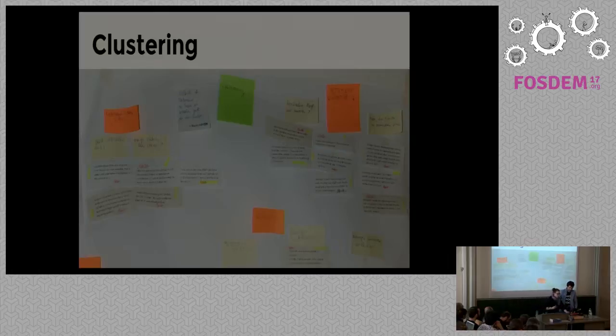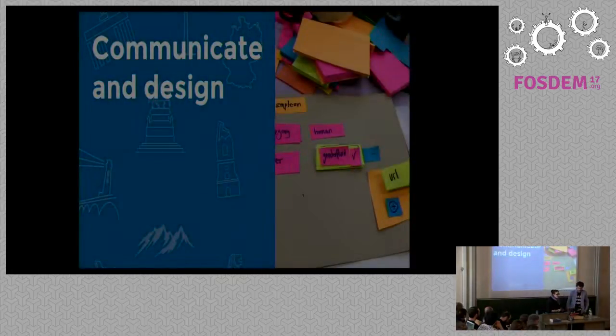Okay. Right, so you've got your structured data now, and you want to communicate it to your colleagues or community members. And one thing you can do is use personas.